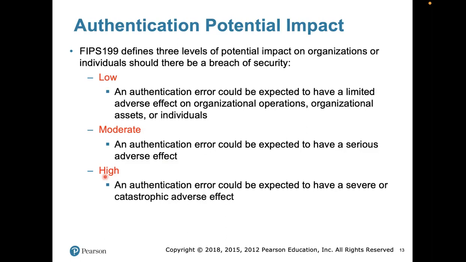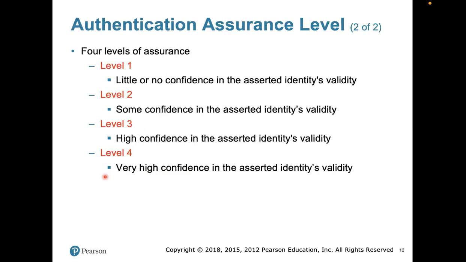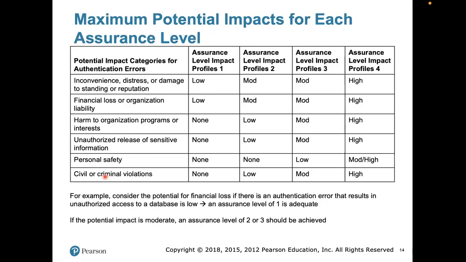So putting together these 3 levels of potential impact and these 4 levels of authentication assurance, there is a table like this that tells us the maximum potential impact for each assurance level. And the table tells us what level of assurance we should pick.